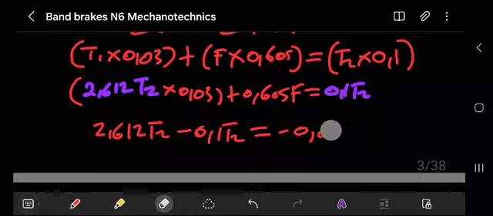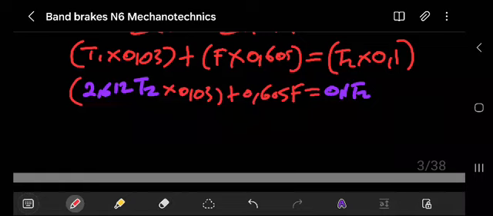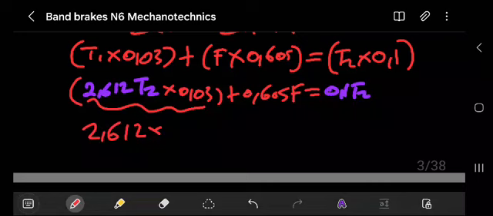So do not do this first. Remember, this must be multiplied there. This will be 2.6112 multiplied by 0.03 T2, like this, right?